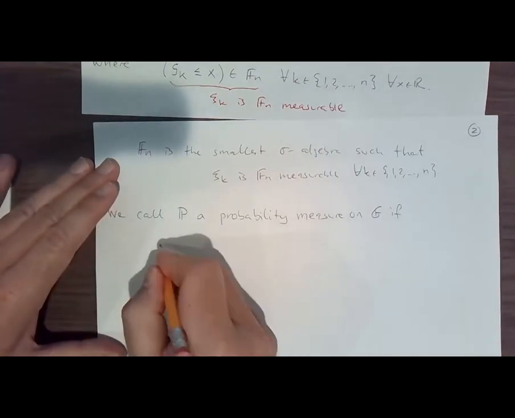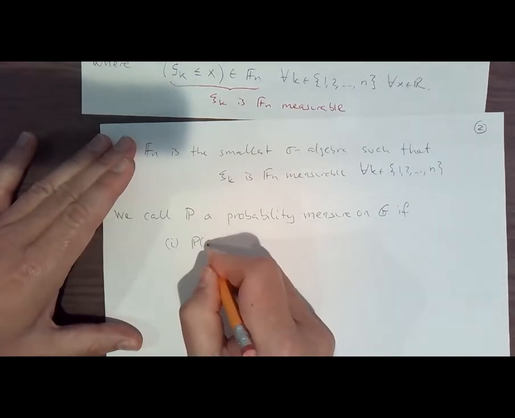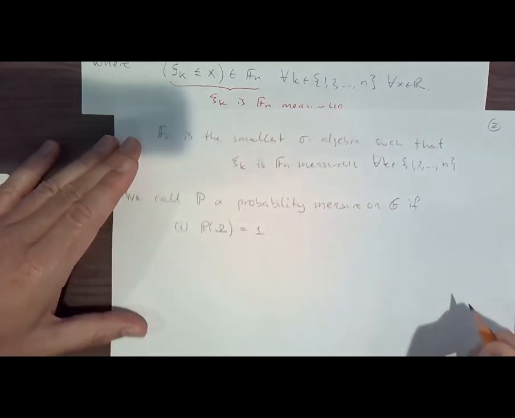There are two properties that it has to hold. The first one is that if I take omega into P, I'm going to get 1.